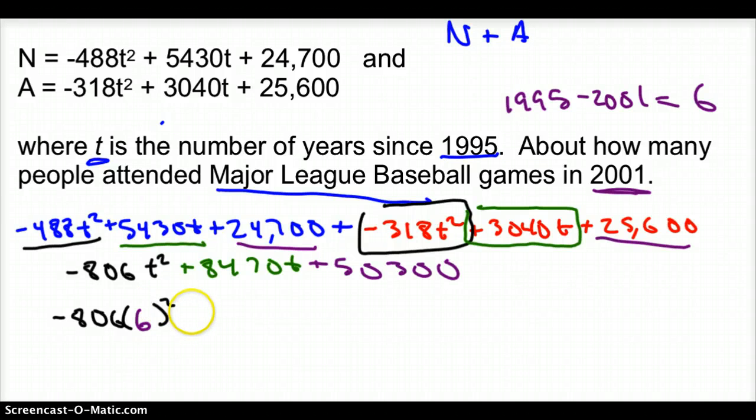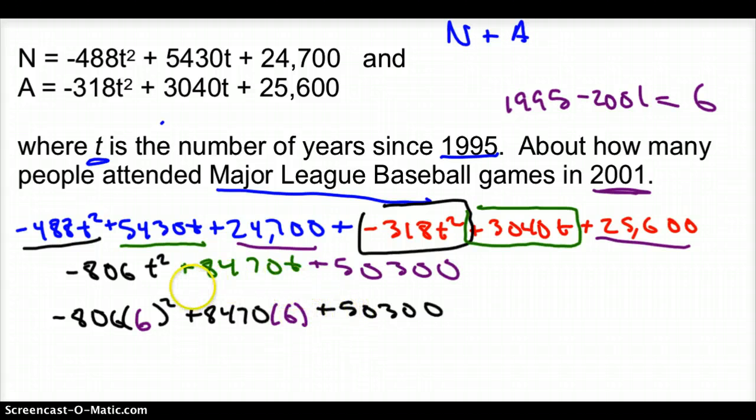squared plus 8470, plugging 6 in for T, plus 50300. Now if you want, you can plug this all into your calculator right away, or go piece at a time.